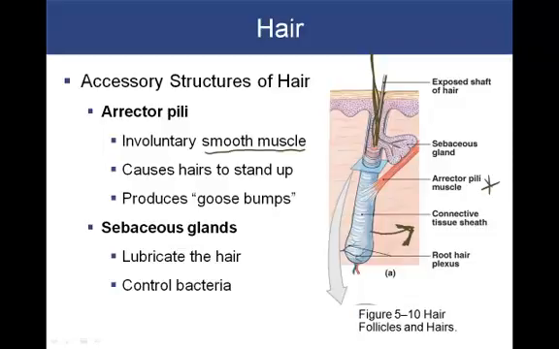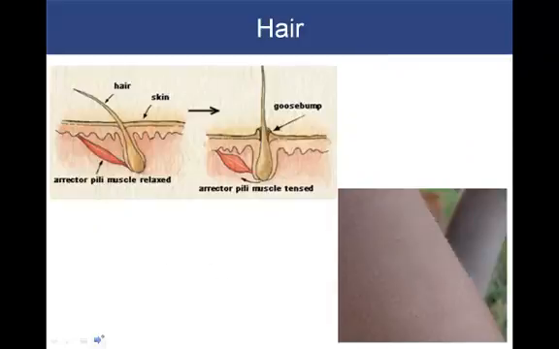Let me fast forward here. One slide, I have a diagram. Here we have a relaxed erector pili muscle. You can see that it's very elongated, and the hair itself is at an angle as it exits the epidermis.